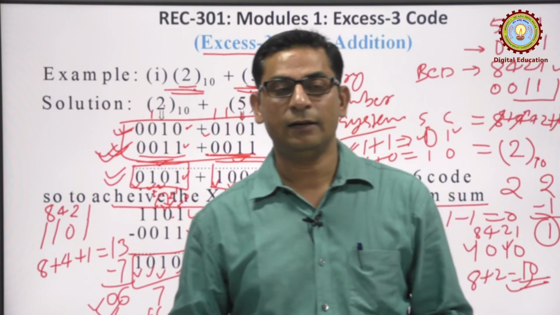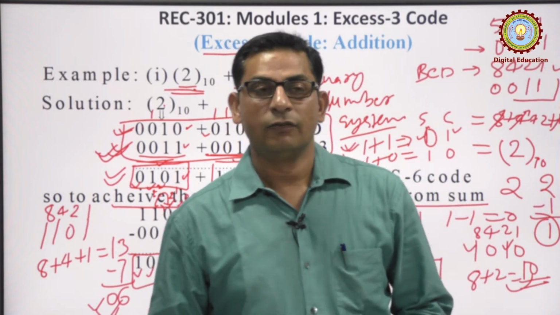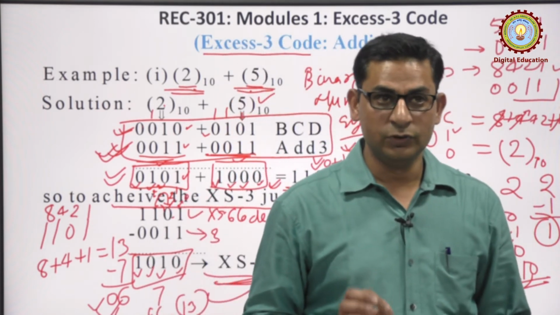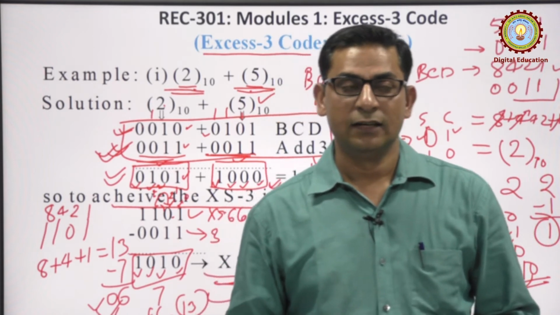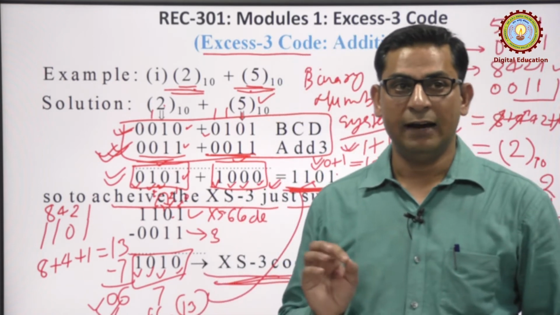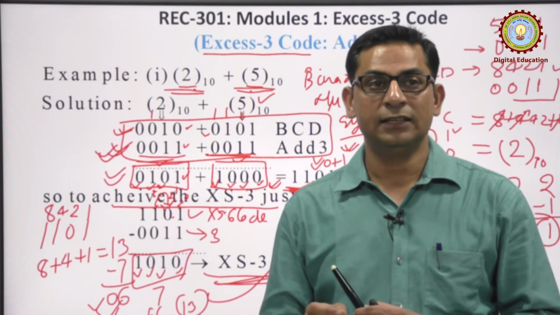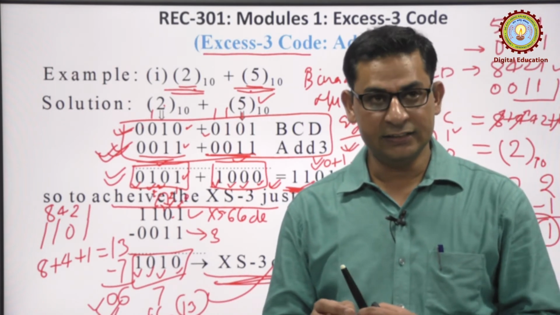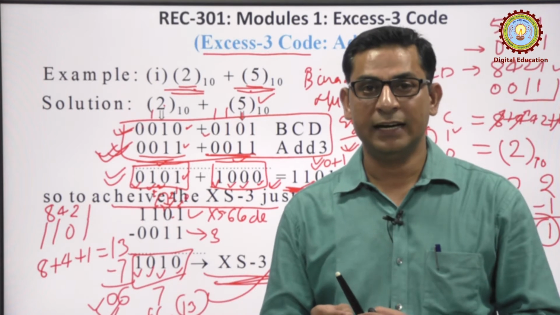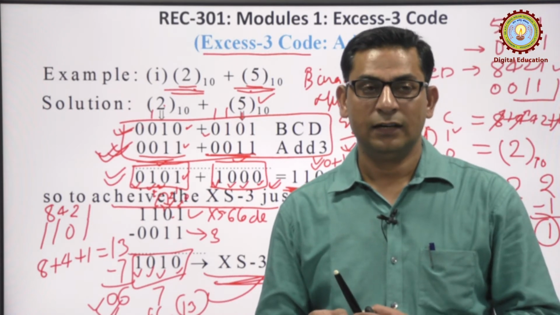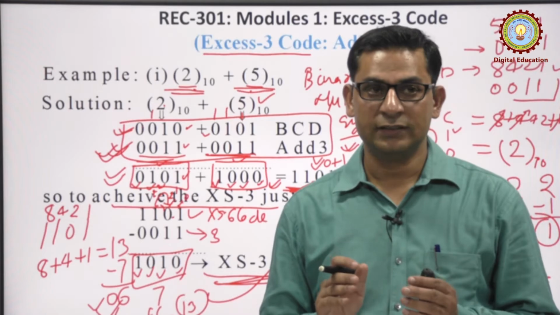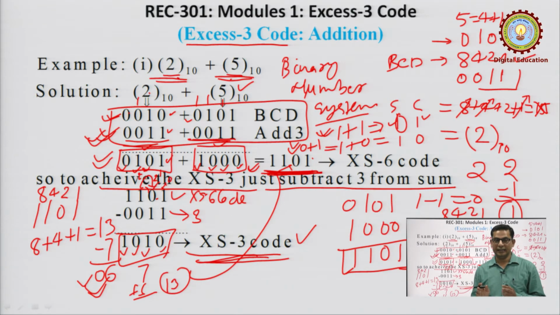The most important part of this question is, whenever you are going to add 2 decimal digits, always remember we have to add the XS3 in each digit, but whatever answer we get at the end of adding the XS3 codes will not be the XS3 code.